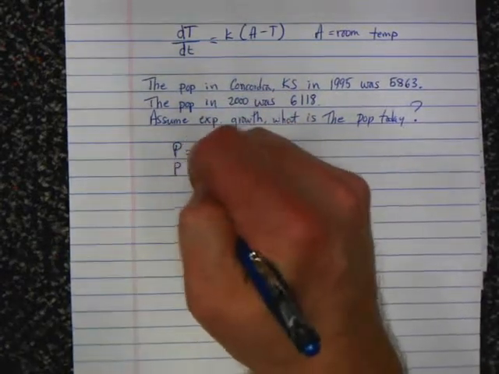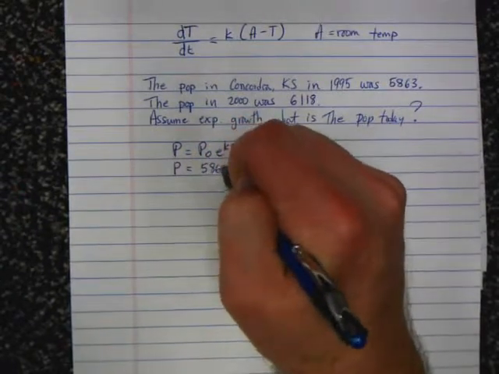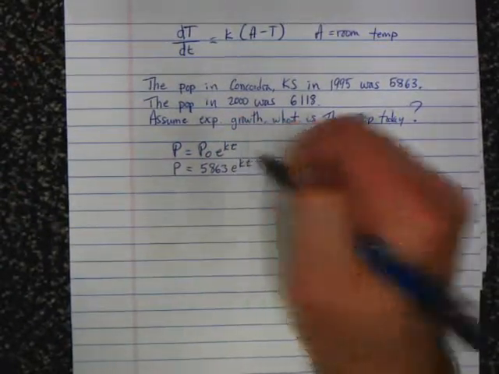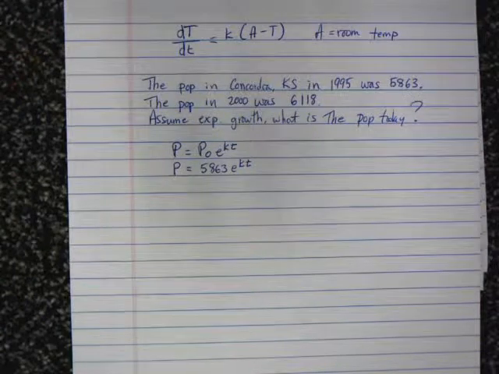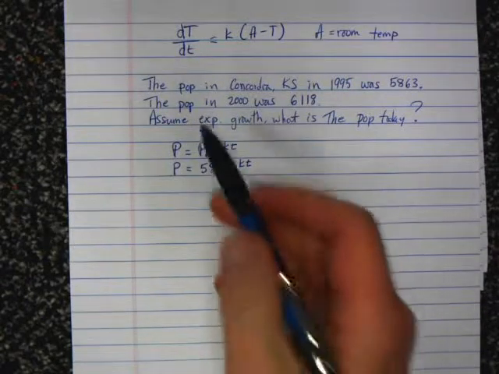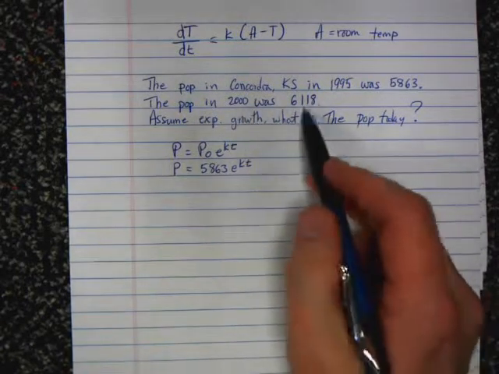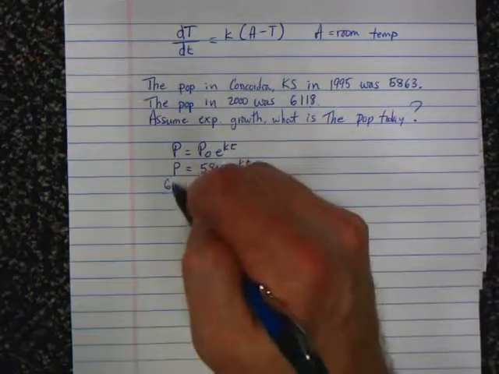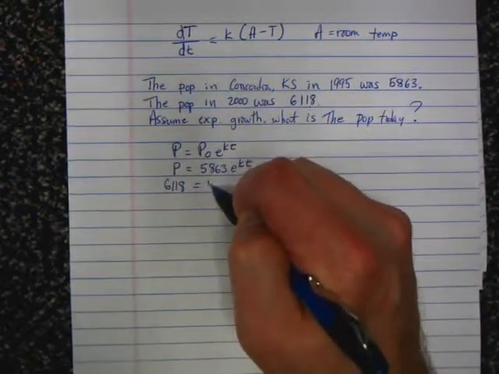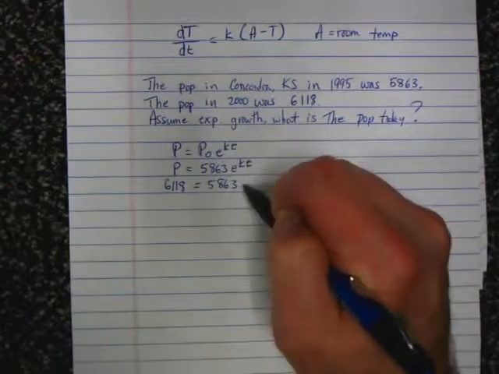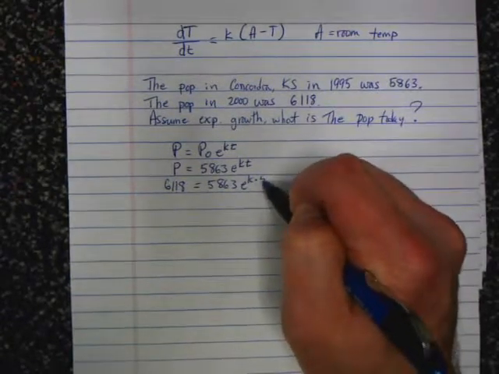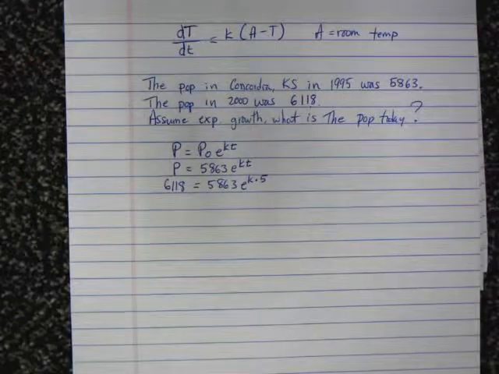So P equals 5,863 e to the kt. And then 5 years later, so we plug in t equals 5, our population is 6,118. So 6,118 equals 5,863 e to the k times 5. And you can solve that equation for k.